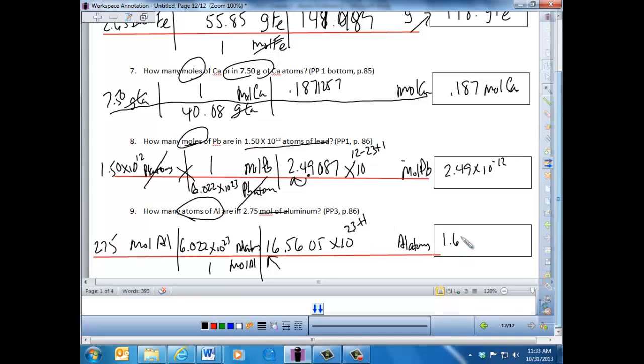So it comes out to 1.66, 3 significant figures because of this, times 10 to the 24 aluminum atoms.